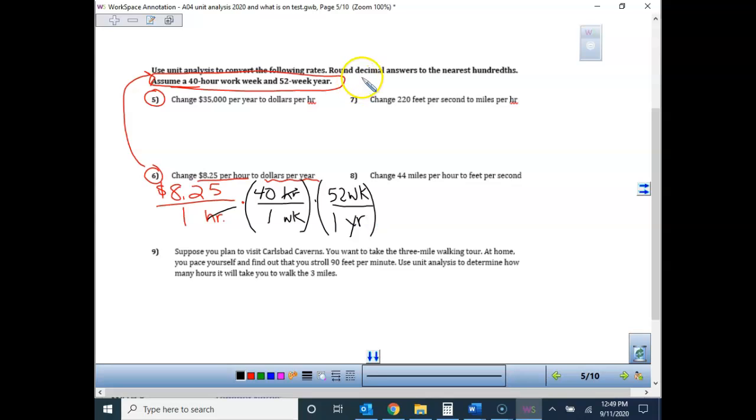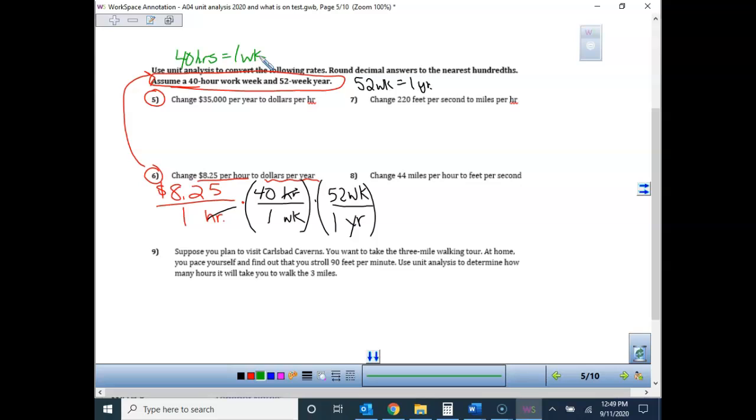What it means when they write that is 52 weeks equals 1 year, right? And when they tell you this is a 40-hour work week, what they are telling you is that 40 hours equals 1 week of work. So they don't write it as an equality. They say it in terms of a sentence, and that's what it means when you see those in a sentence if you're looking at a problem.